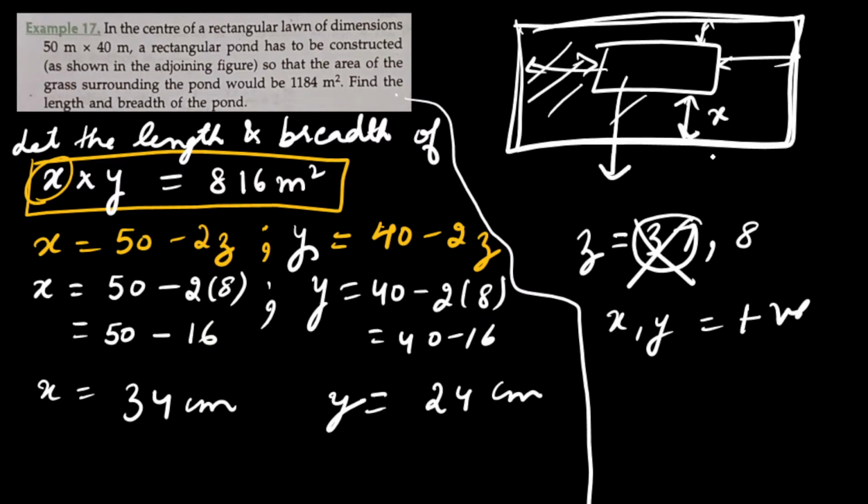The inner's dimensions will be length minus 2x and breadth minus 2x. This way you can find the dimensions of the inner.